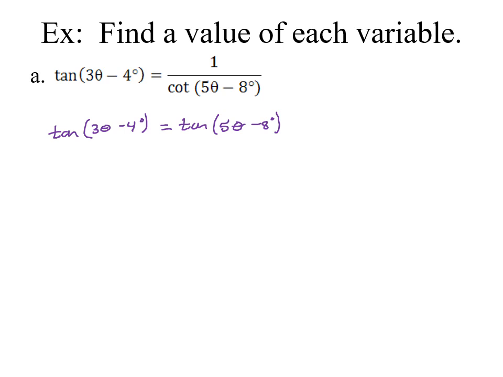And if they both have tangent on there, then neither one needs tangent. You just set the stuff on the inside equal to each other. 3 theta minus 4 equals 5 theta minus 8. And do a little bit of algebra. You subtract the 3 theta from both sides and you add the 8 degrees to both sides.